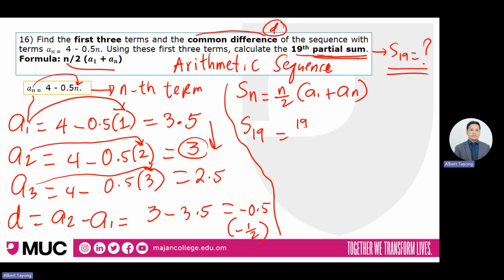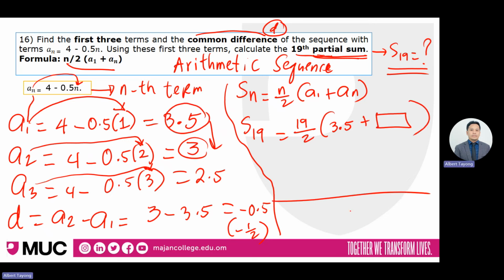So this will become 19 over 2. A sub 1 we have already. It is 3.5 here. Plus we don't have a sub n. Now our a sub n is a sub 19. That is 4 minus 0.5 times 19, using the same nth term given.